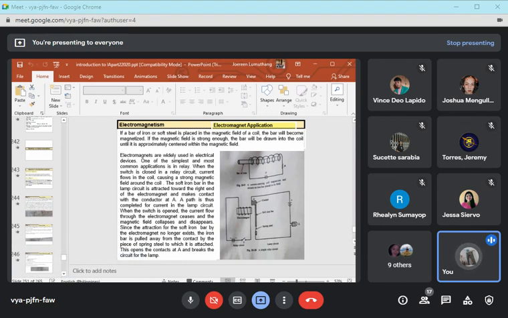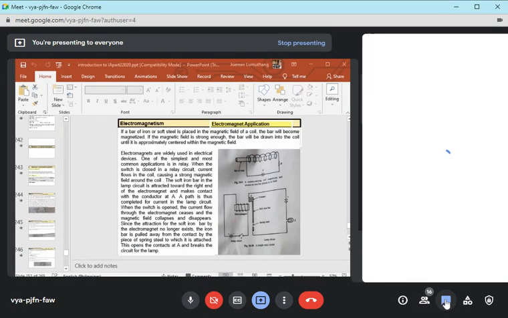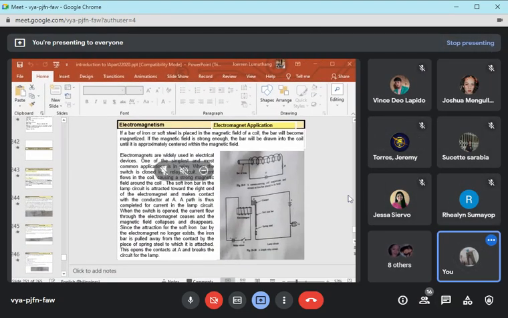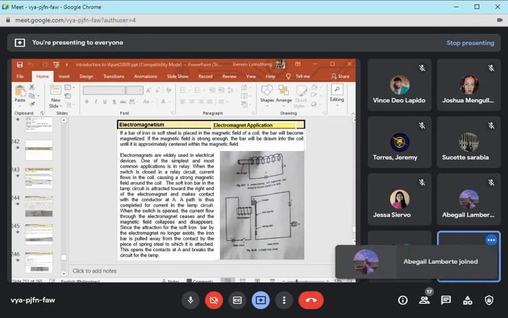Can you please tell me something about the figure, the simple relay circuit? Anyone who would like to share? What can you say about the figure based on the readings of electromagnet application? No idea.